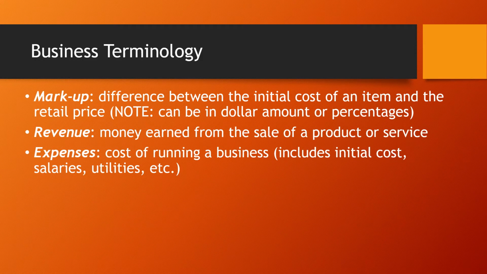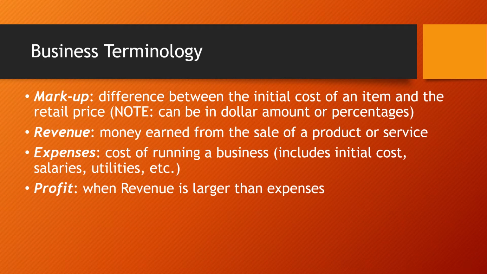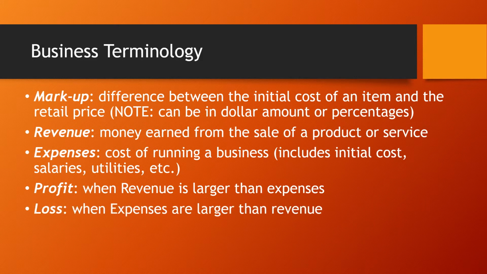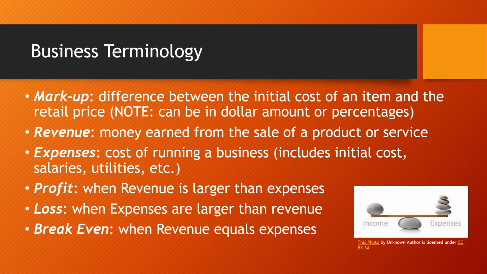Expenses are the cost of running a business, such as initial costs, salaries, utilities, rent, etc. Profit is earned when revenue is larger than expenses. Loss is earned when expenses are larger than revenue. Break even is when revenue equals expenses.